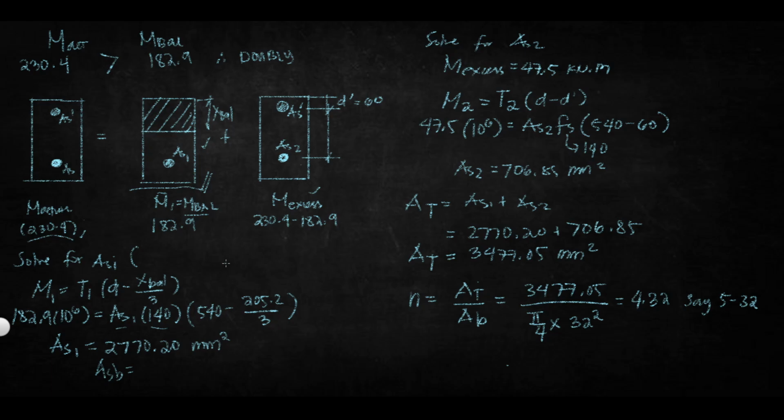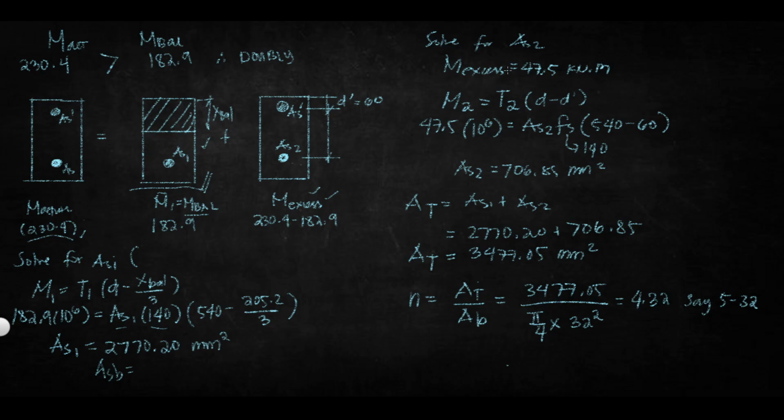solve for AS2. So, ano ba yung AS2 natin? So, AS2 is ito po yan. No? Dito na tayo sa MXS. So, using the moment excess, and then using the AS2, solve for AS2. So, MXS, ano ba yung moment excess? Okay, ilan pa yung kinakailangan natin, no?